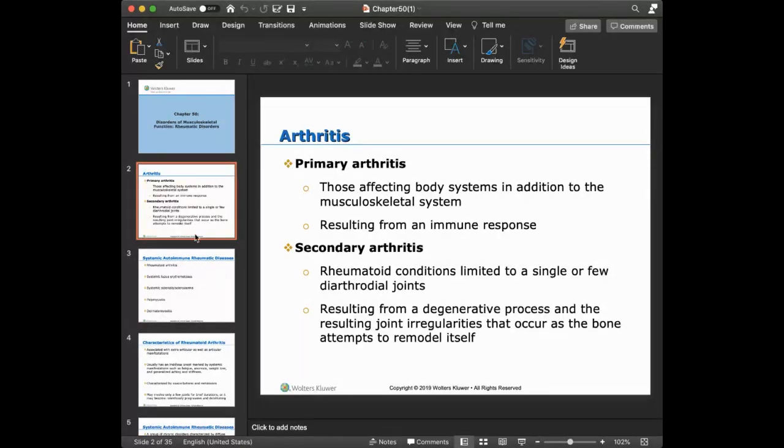So that's secondary arthritis. Primary arthritis typically involves the entire body or multiple body systems. Secondary arthritis is usually relegated to a single joint or a few joints, so just the hand or just the knee or just the back.